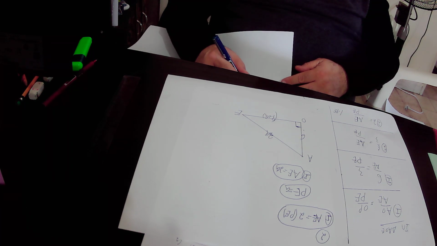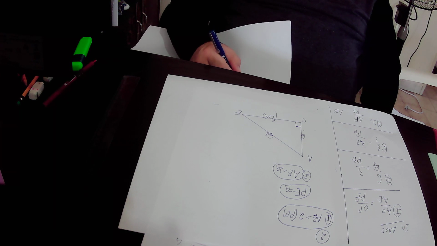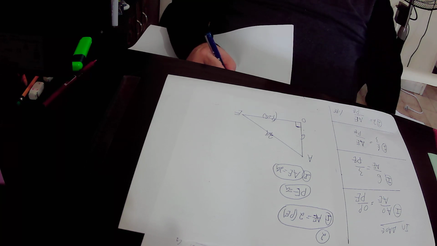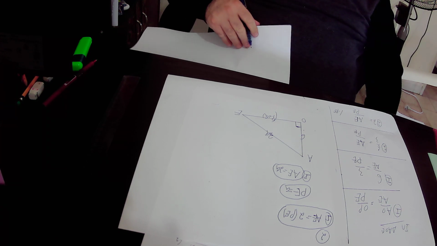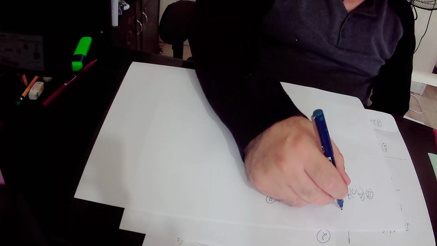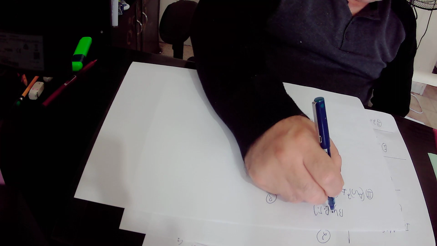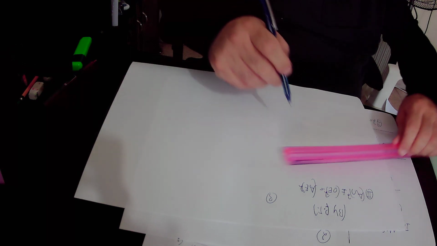This will be equation number 2: AO squared plus OE squared equals AE squared. That is the square of the hypotenuse. I repeat again, according to the Pythagoras theorem, AO squared plus OE squared equals AE squared.